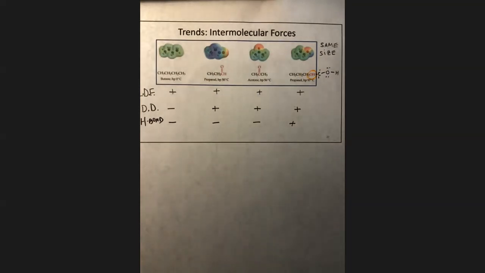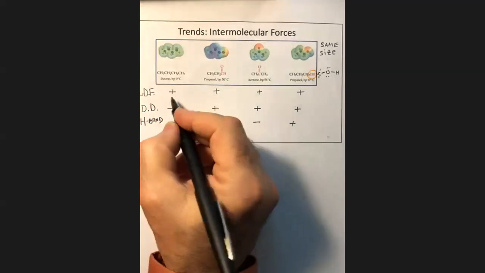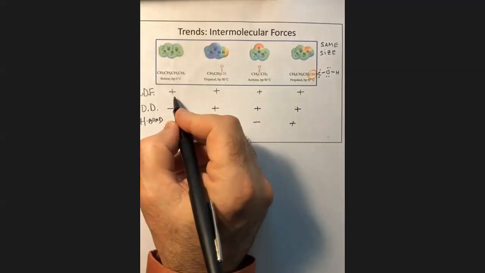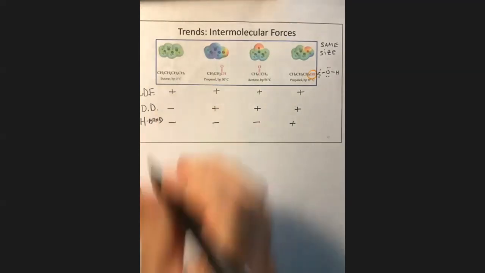Now, remember we said that in the grand scheme of things, and we look at it from afar, the stronger the intermolecular forces, the higher the boiling point. Notice that for butane, which is only capable of London dispersion forces, boiling point is 0.